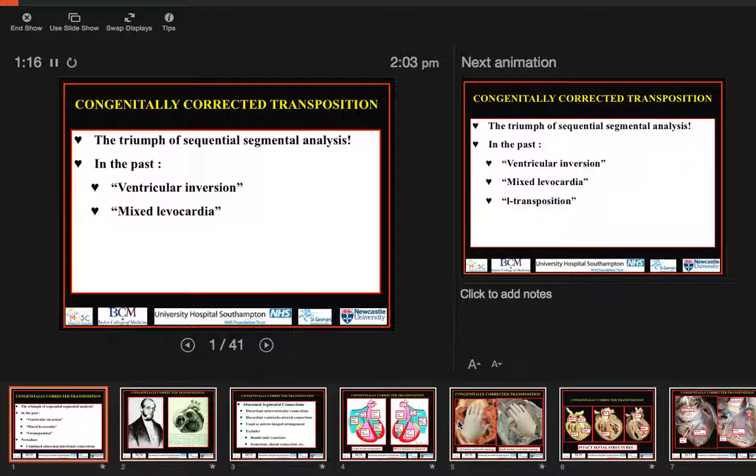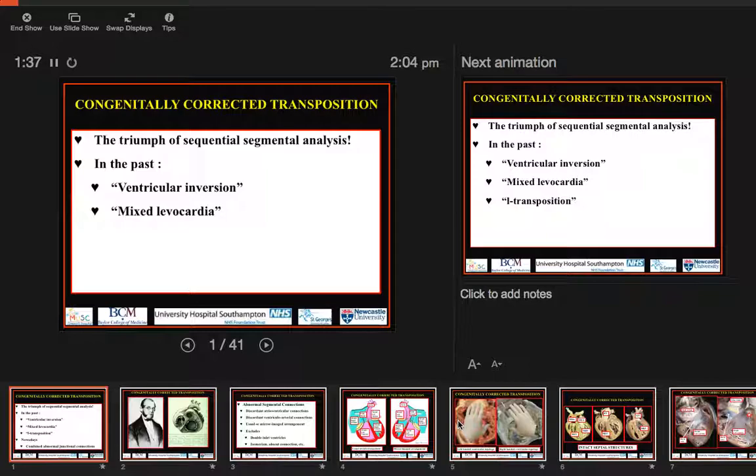When I started in the field, which was 1974, Maurice Lev was one of the best known of the congenital cardiac pathologists, and he was a fascinating, amazing man, but he also used terms that were remarkably difficult to understand.